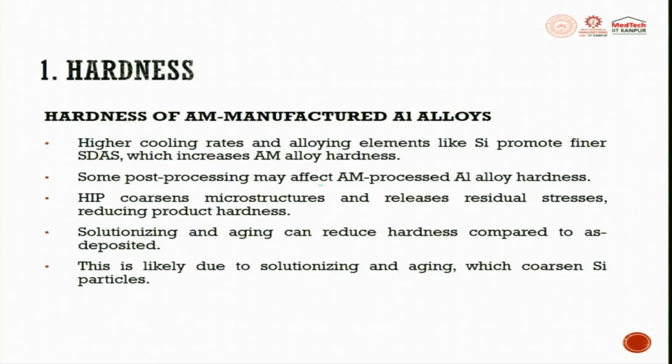Some post-processing may affect additive manufactured aluminum alloy hardness. HIP, hot isostatic pressing, coarsens the microstructure and releases the residual stress, reducing product hardness.